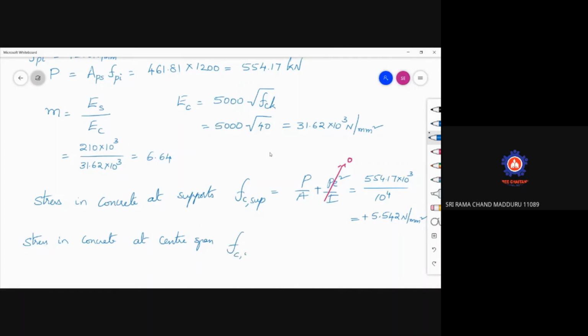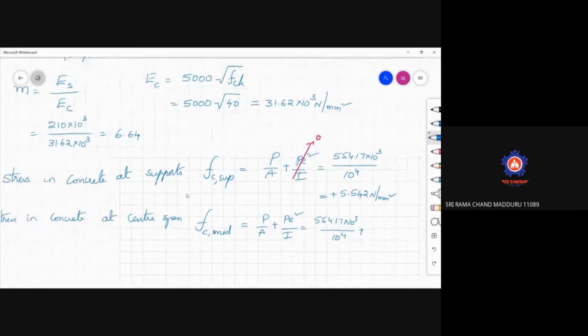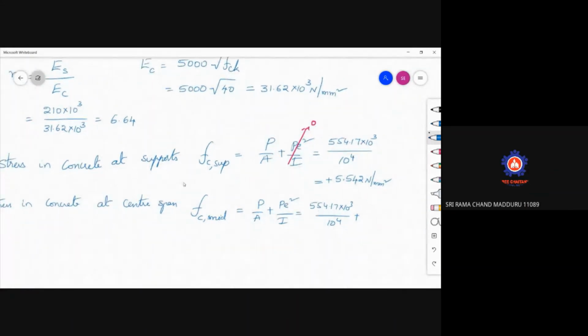So, its mid span is equal to P by A plus P e square by I. So this is 554.17 into 10 cube by 10 power 4 plus 554.17 into 10 cube into 120 square by moment of inertia.